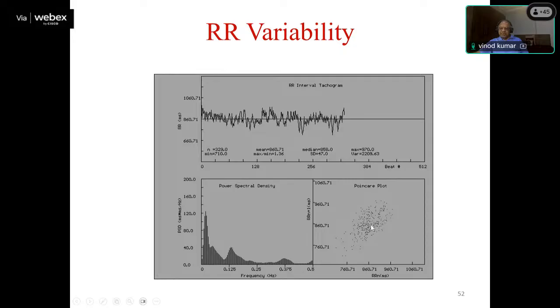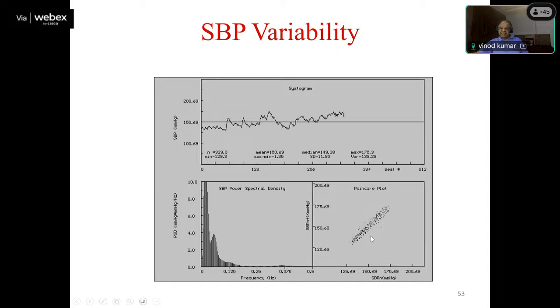Like this, we will have all these points, and we make an elliptical shape like this. So this is my systolic blood pressure variability. This is the time domain signal, this is the frequency domain signal, and this is the Poincare plot. I will give you an idea of how this Poincare plot is useful.